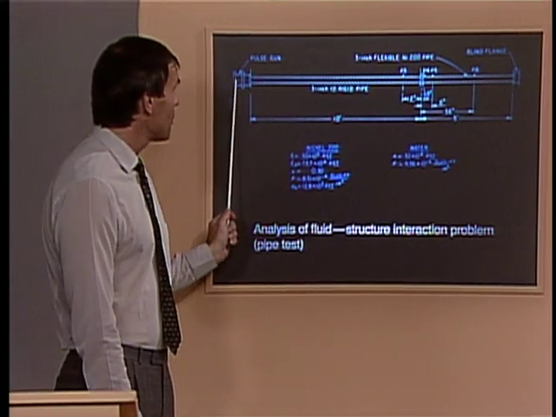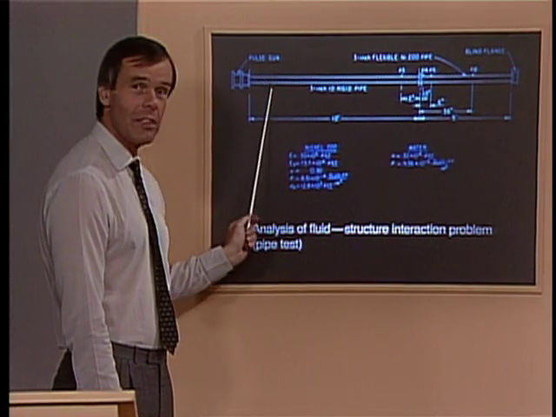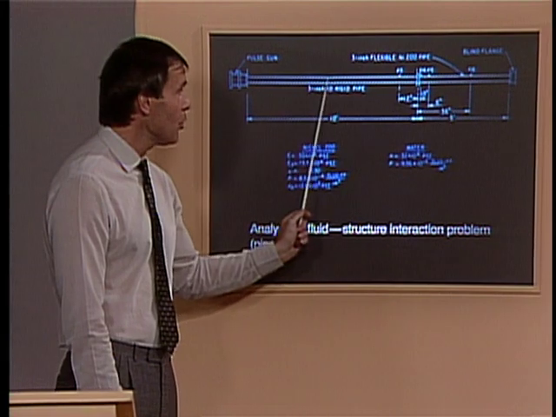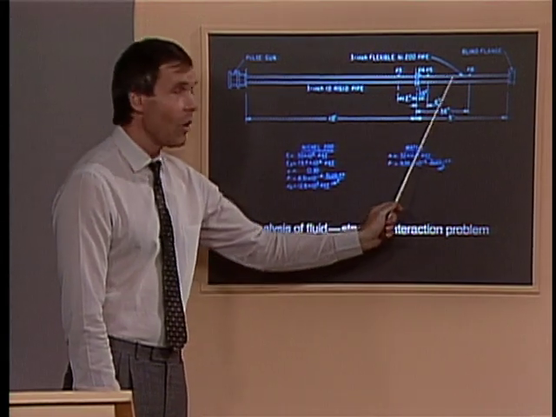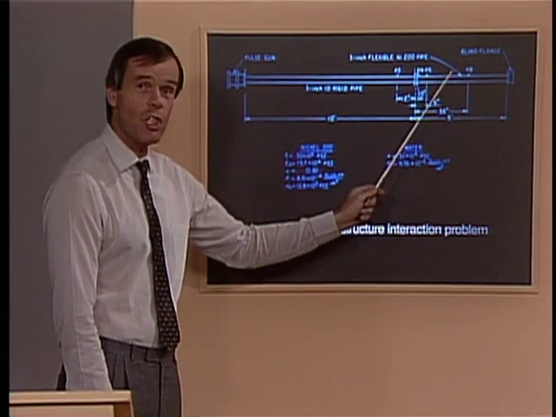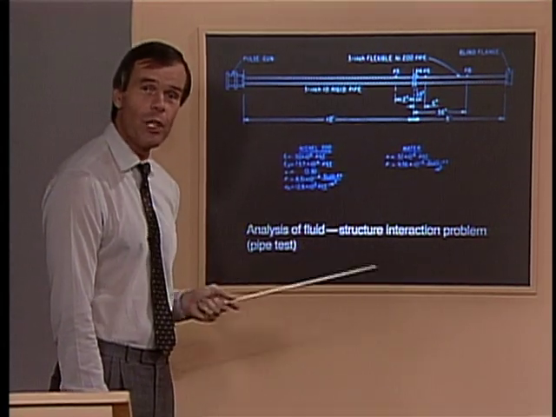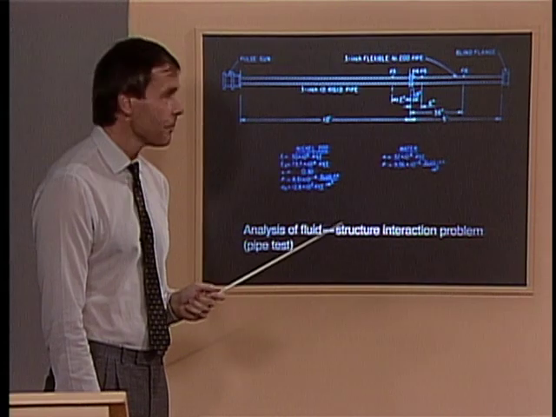At the end of this pipe here, a pulse gun sets off a pulse, and that pulse travels through the water all the way along, and of course there is an interaction between the pipe and the water. In other words, it's a fluid structure interaction problem.